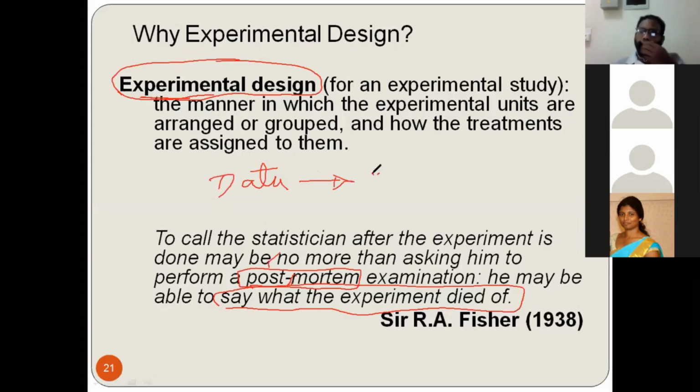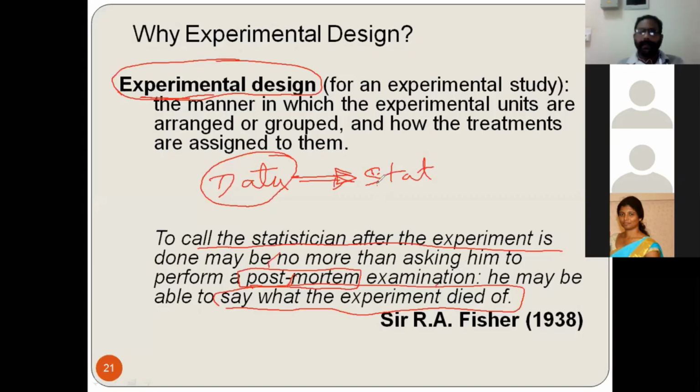Calling a statistician after the experiment is no more than asking him to perform a post-mortem examination.